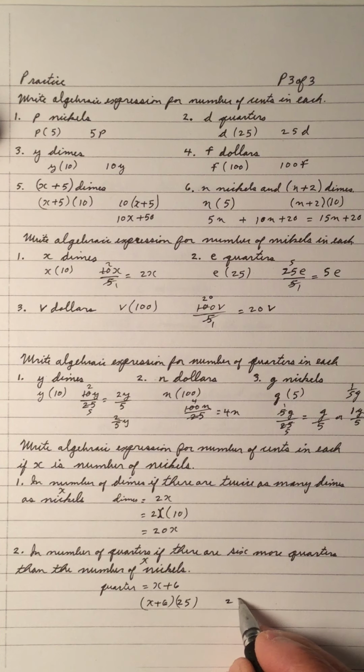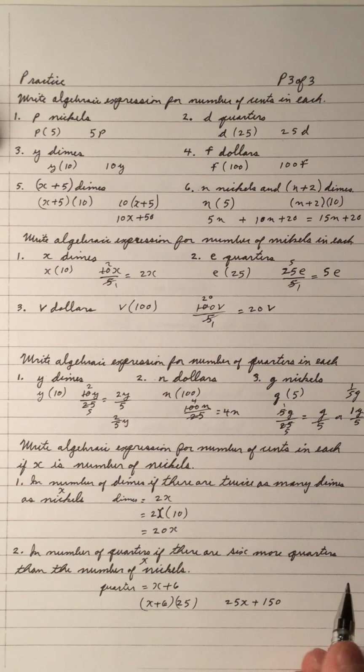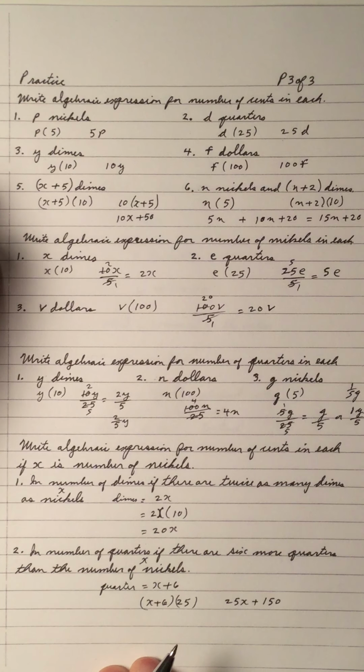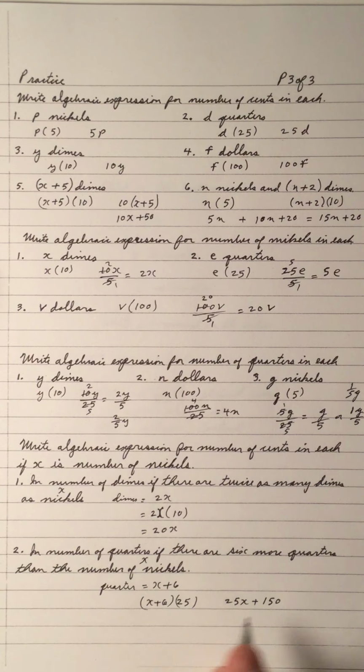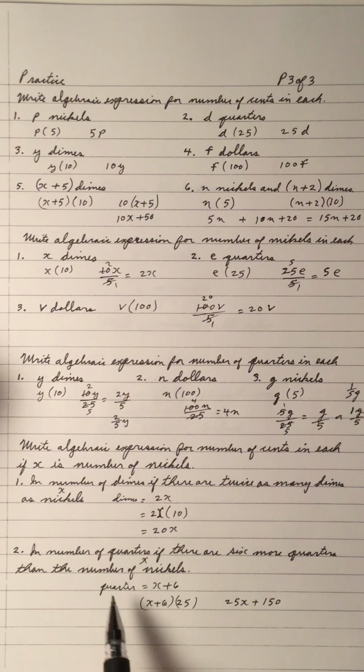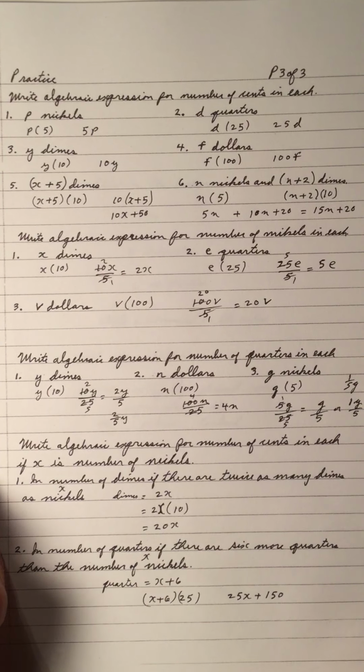So we have 25x plus 150 cents. That's the number of cents in the quarters. Notice how they're done. Again, you write an algebraic expression and then you multiply by that value. Gives you the number of cents.